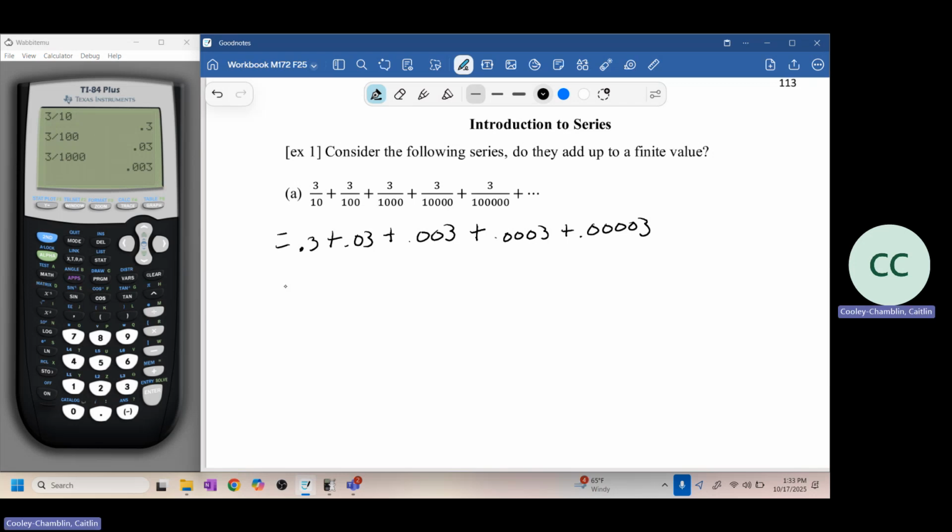And so if I add all these up, this is 0.33333, and it's just going to keep repeating. But we know what that decimal is. We know that this is actually 1/3.